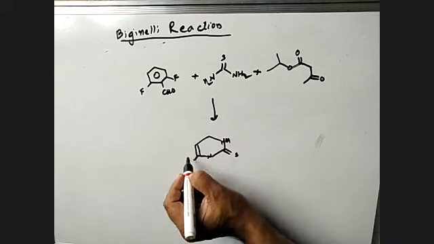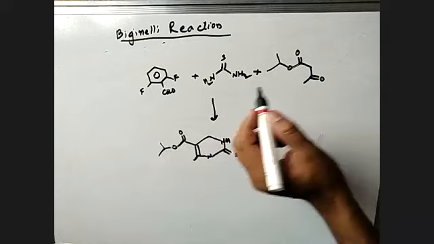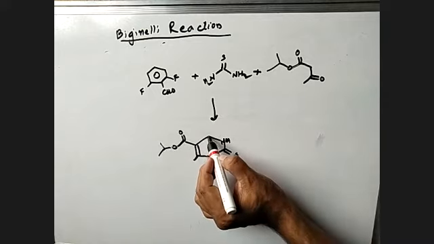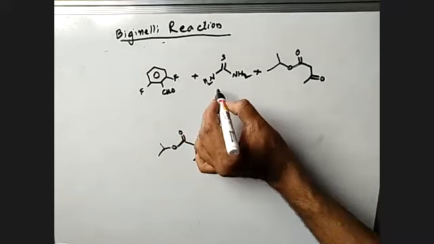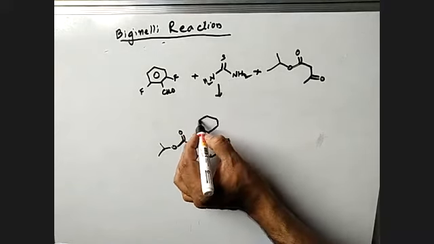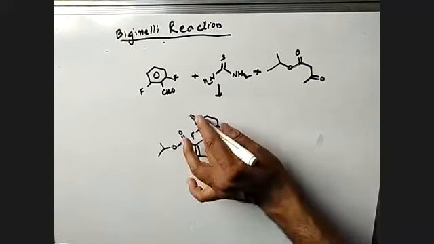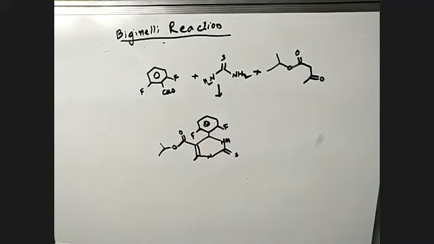Thiourea is here. That's it. And here what do you write? Benzene ring. That's it. Okay. So these are the examples and the mechanism of the beginning.